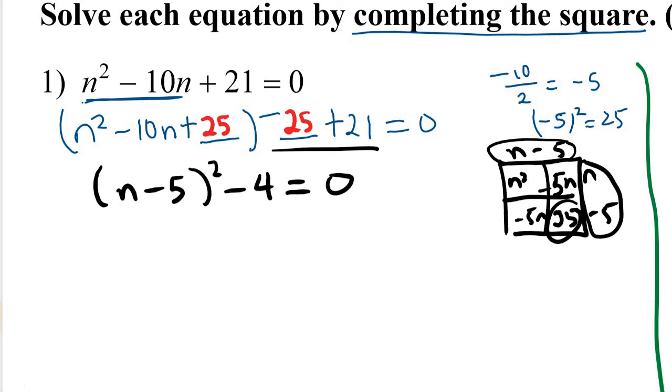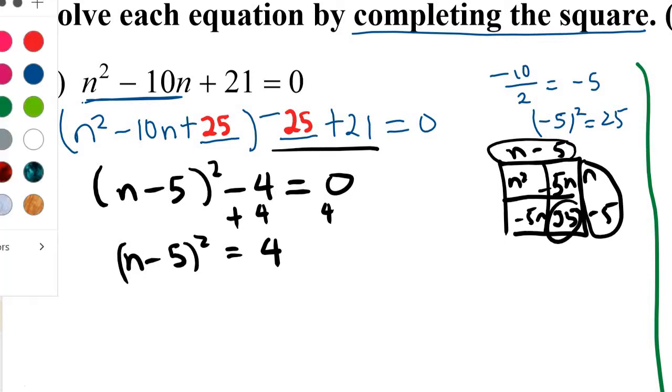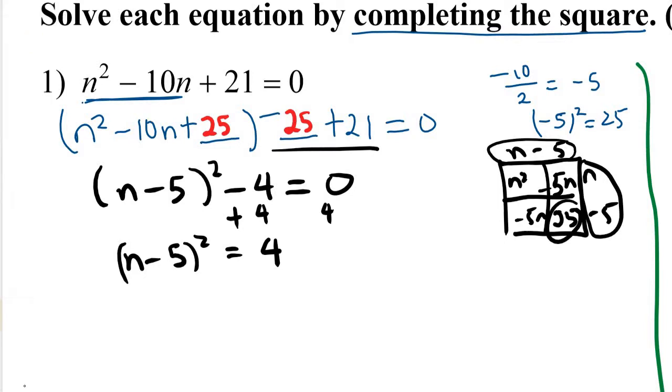And now that we have completed the square, next thing is to try to get n by itself. So we add 4 to both sides, and then we will get n minus 5 squared equals 4. So now we're ready to take the square root of both sides.